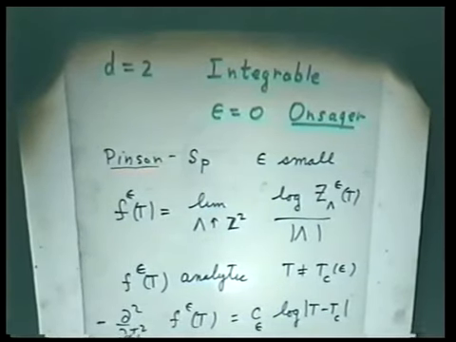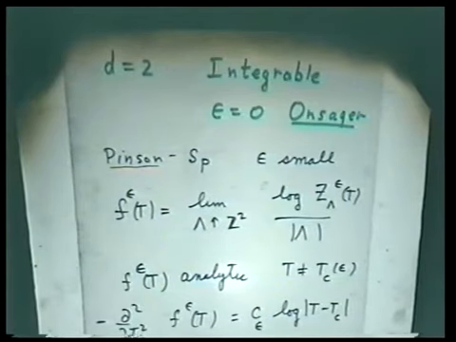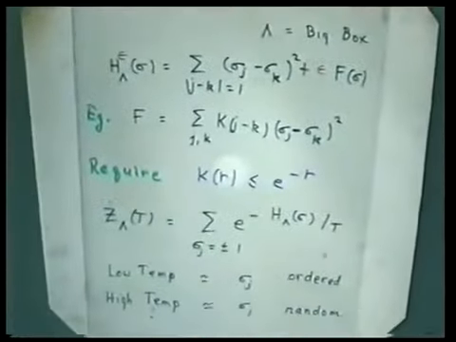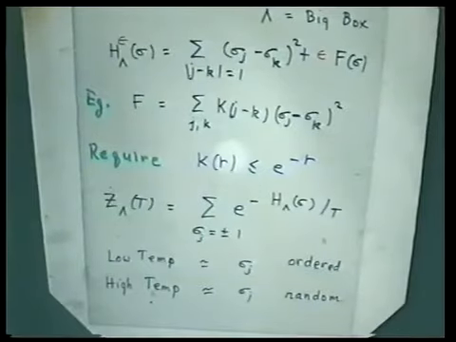So, to explain the phase transition here, let me do something else, which is to compute what's called the free energy, which means I take the partition function, in other words, this generating function here. You sum over all the spin configurations weighted, divided by temperature.